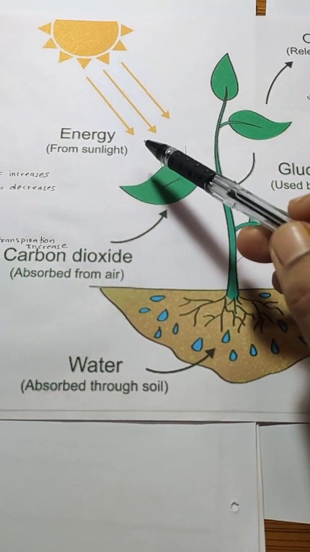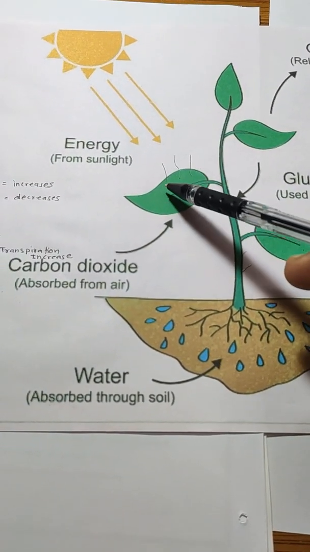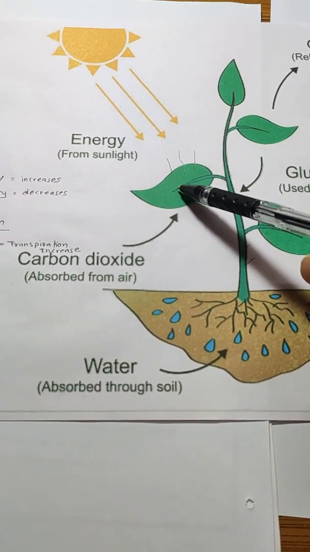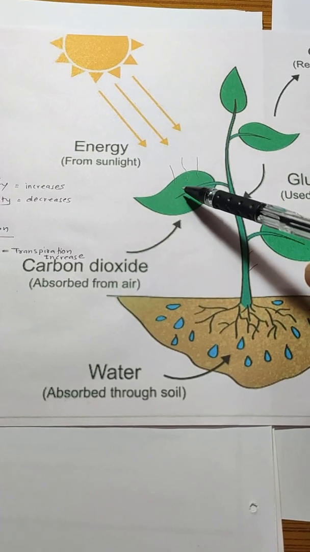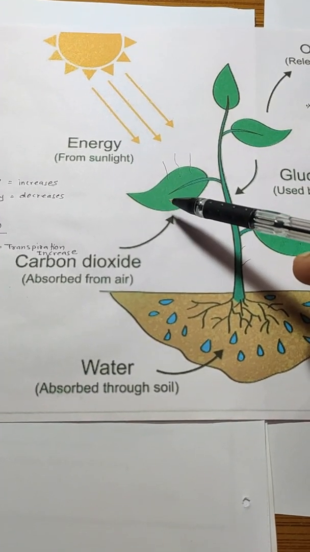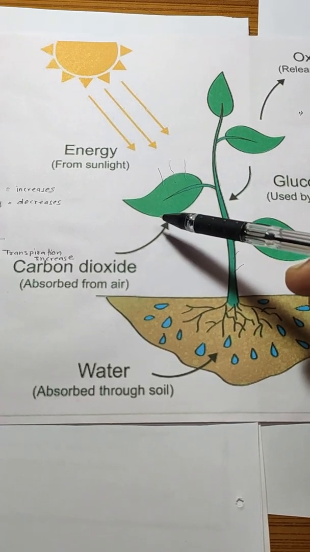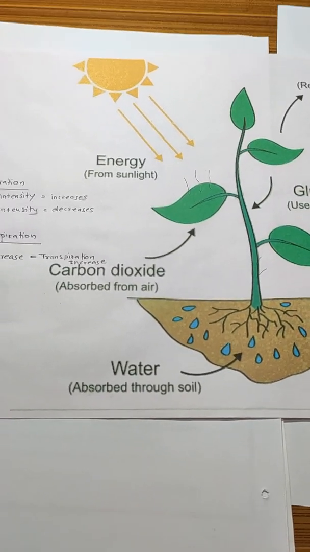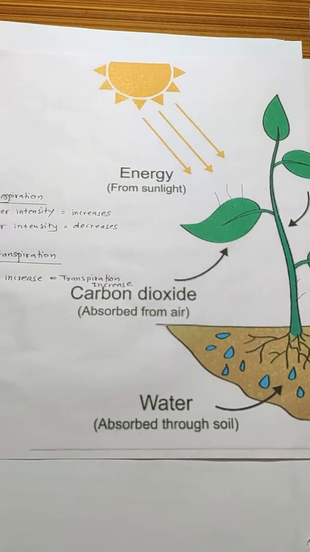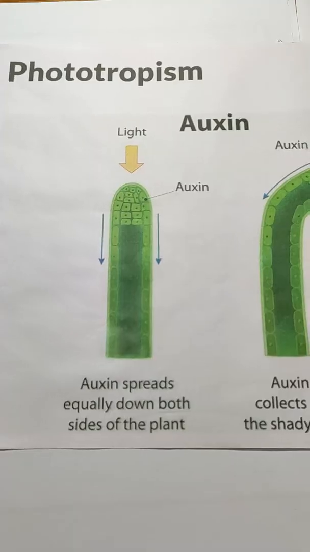When the intensity of light increases, the temperature of the leaf also increases, so the intensity of transpiration increases. So in the summer season, or during midday, the rate of transpiration is higher as compared to morning, evening, or the winter season.